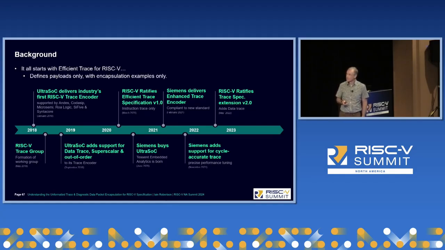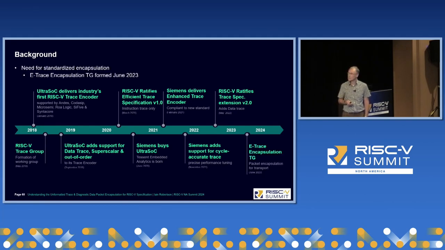But that specification only defines the payloads of the trace packets, it doesn't deal with encapsulation. There were some informative examples of how you could encapsulate the trace, but they were informative only, and it's become clear more recently that that really needs to be standardized.